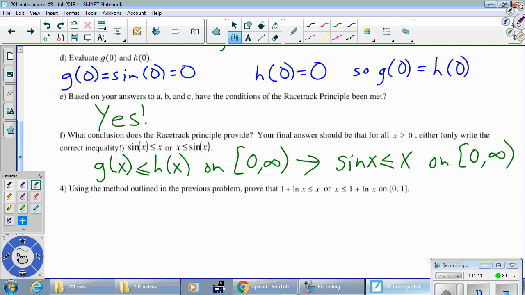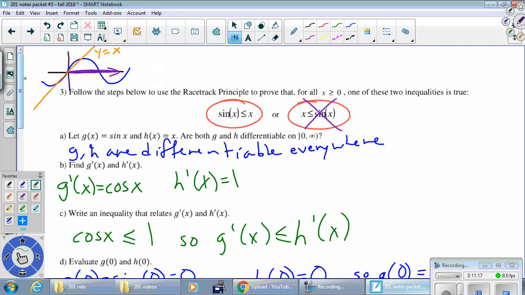Sine of x is always less than or equal to x when x is on the interval 0 to infinity. So I will come up here and say that this now is a poorly drawn graph, right? Because now we see that that orange line is always above the blue sine curve as long as you get to the right of the origin.